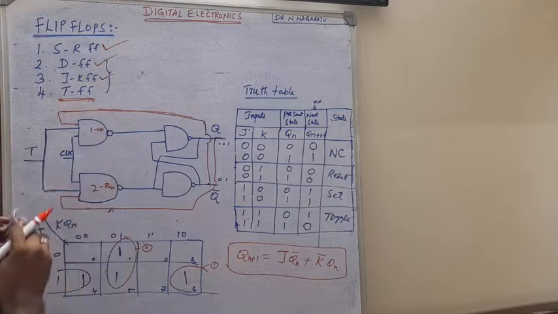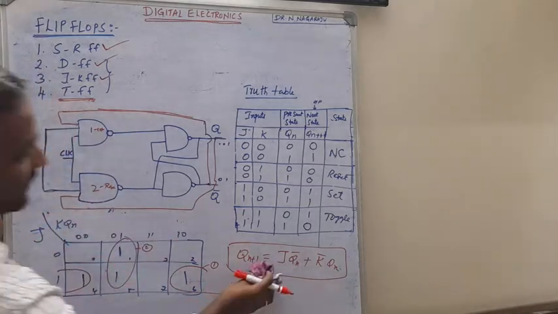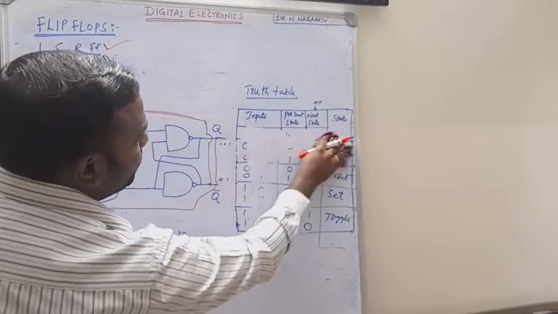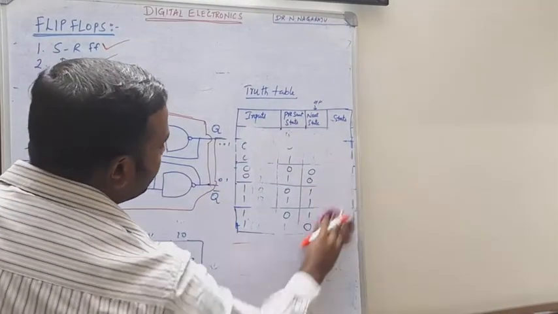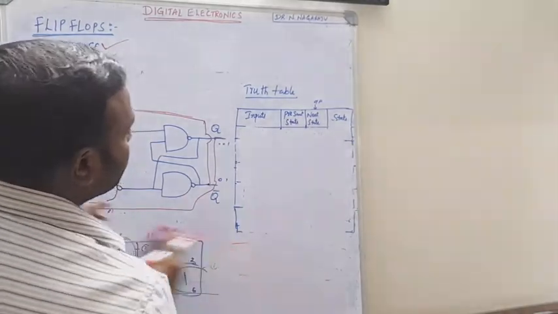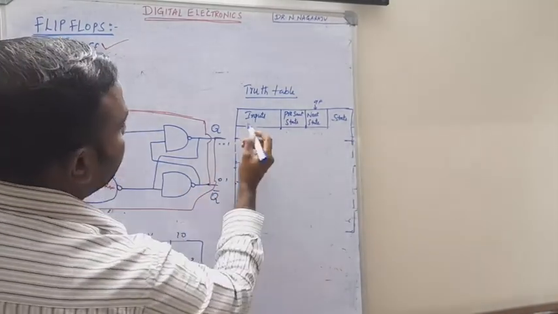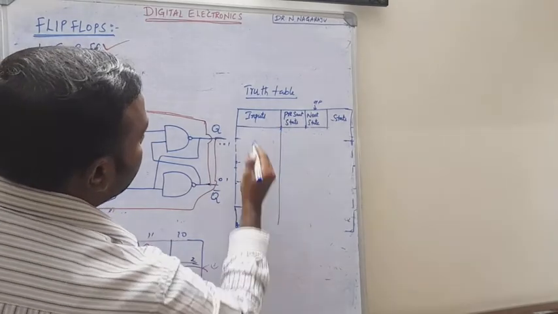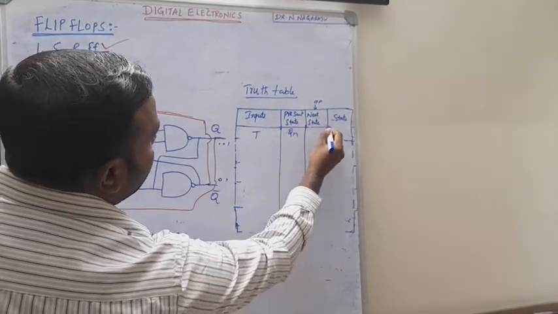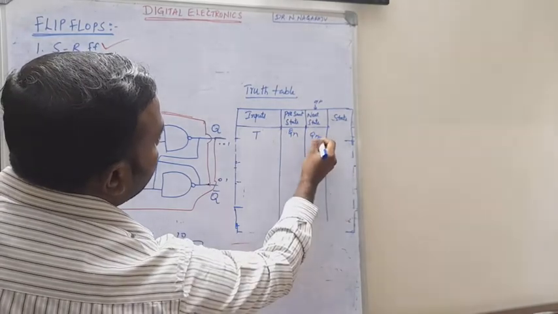Now I want to construct the truth table for this one. How many inputs are there? Only one input, that is the T flip flop. Now I am going to design the truth table for the T flip flop. The input is T, the present state is Qn, and the next state is Qn plus 1.